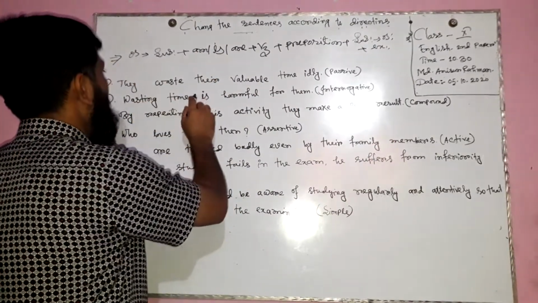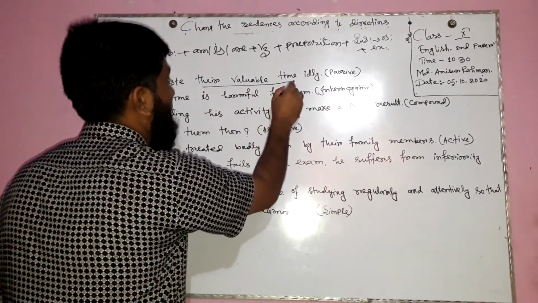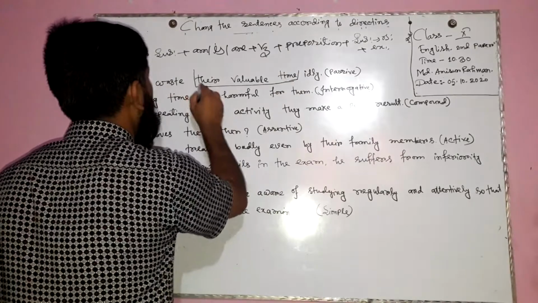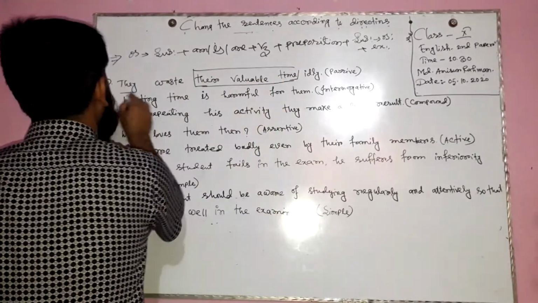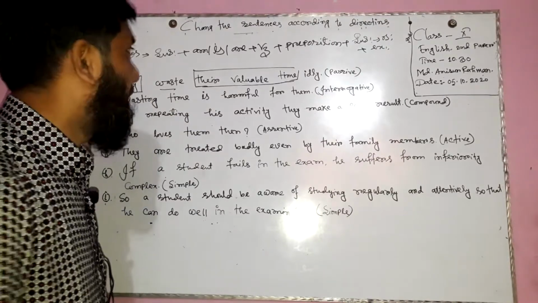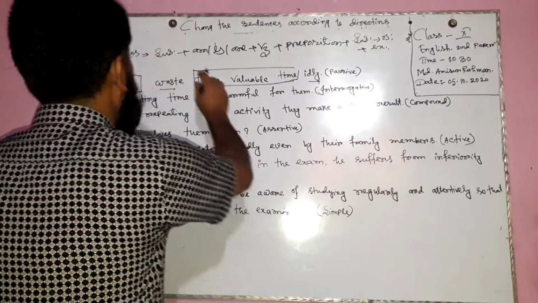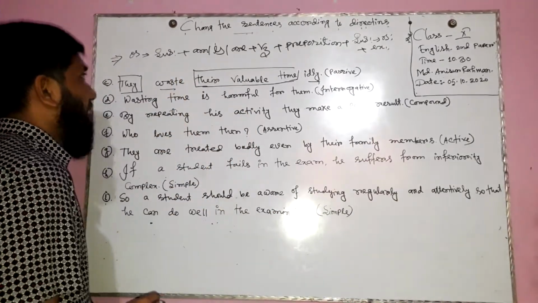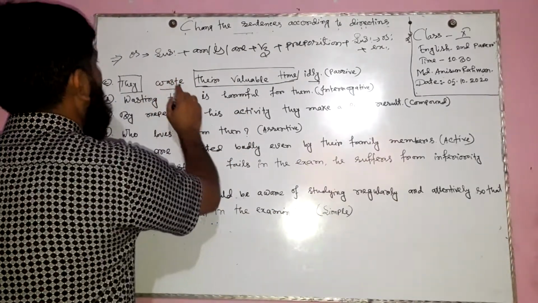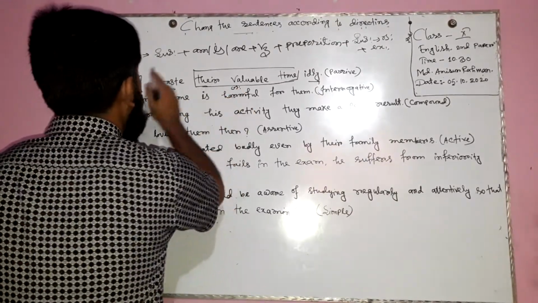In this sentence, which is the object? Their valuable time. It's the object. Subject is they. Main verb is waste, and idly is the extension. On the basis of the structure, the object turns into subject.